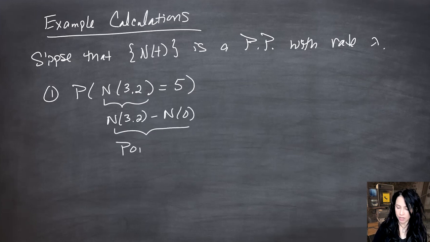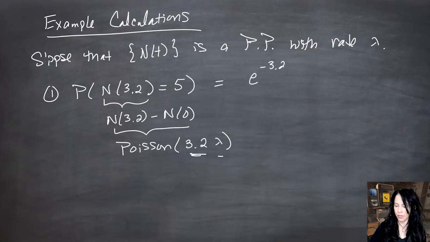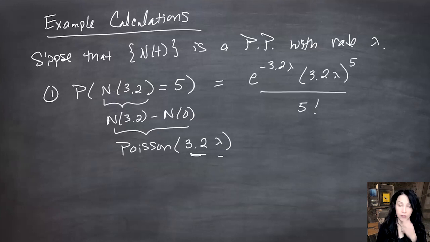This is a Poisson random variable with parameter 3.2 times the original lambda, length of the time interval times lambda. And so you just want to use the Poisson PMF. This is e to the minus 3.2 lambda, 3.2 lambda to the 5th power over 5 factorial.